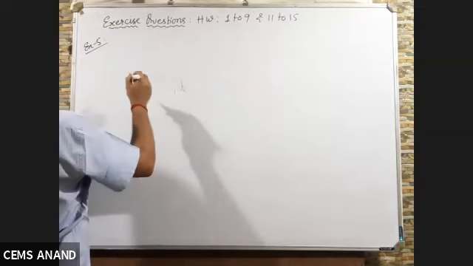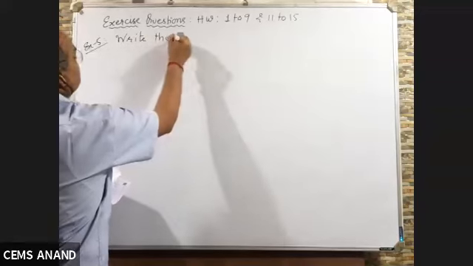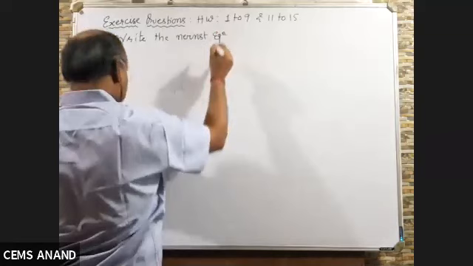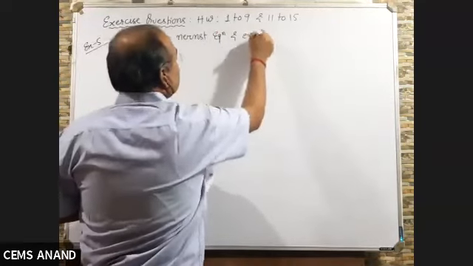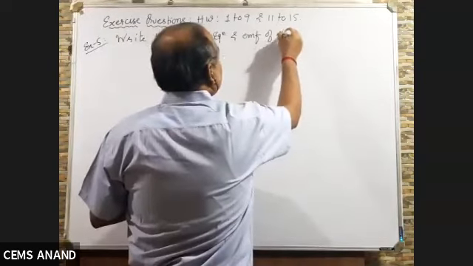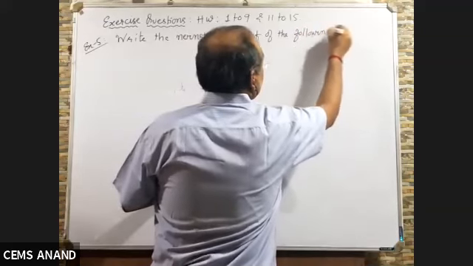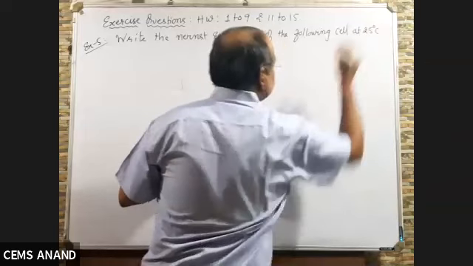Write the Nernst equation and EMF of the following cell at 25 degrees Celsius.